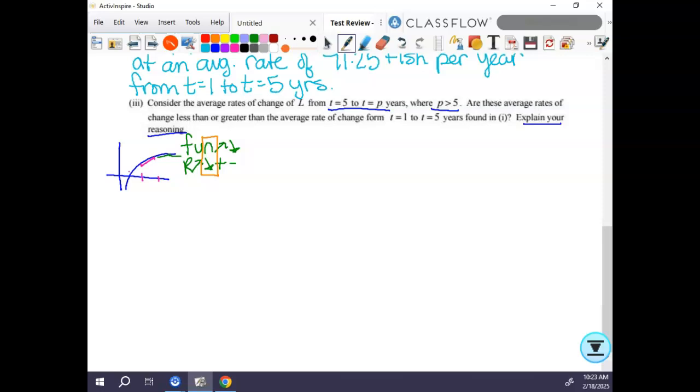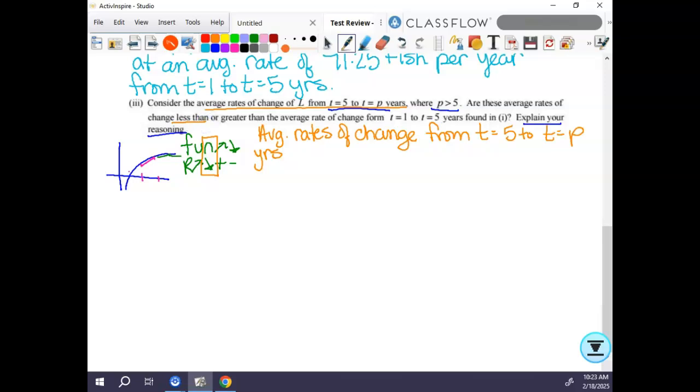Okay, so I'm going to say average rates of change from t equals 5 to t equals p years. Okay, so I just restated that. And then it's are they less than or greater than? I would say so.